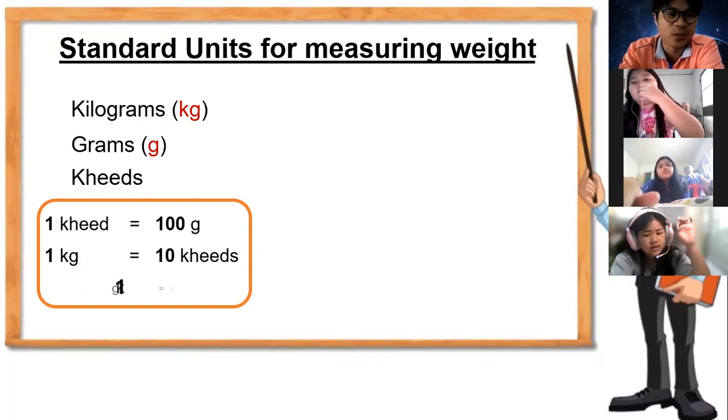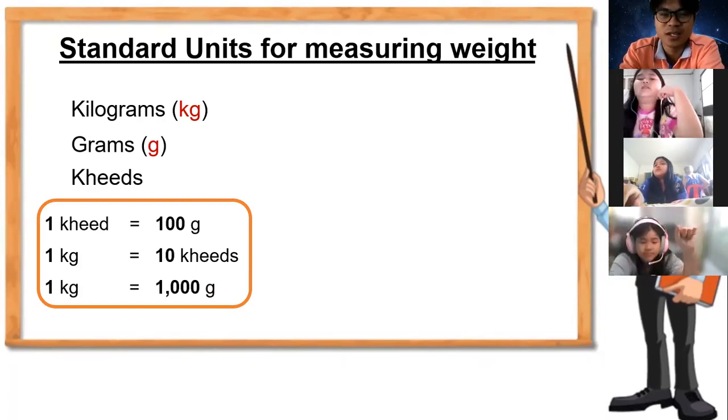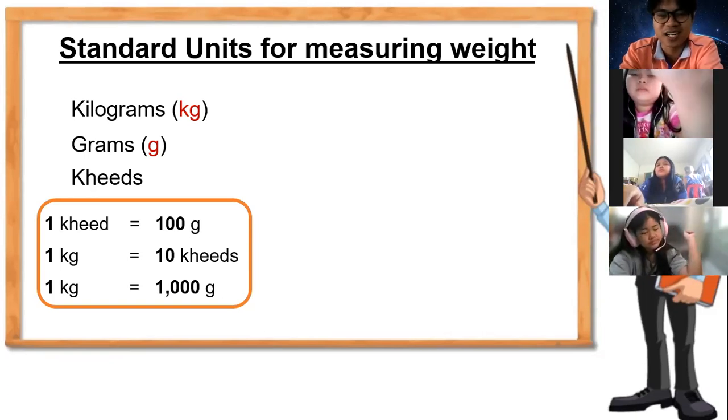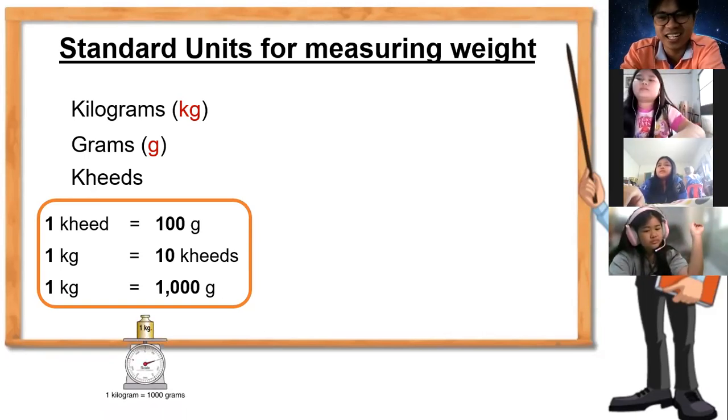Very good. 1 kilogram is equivalent to 1,000 grams. Right, like that. So don't forget this one.